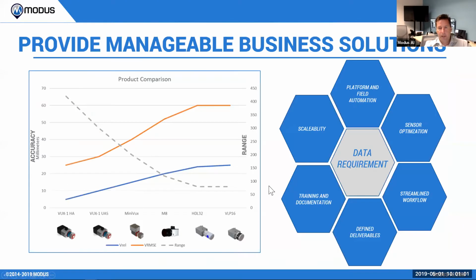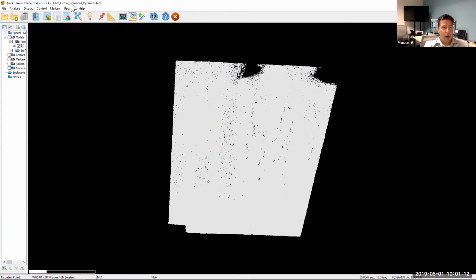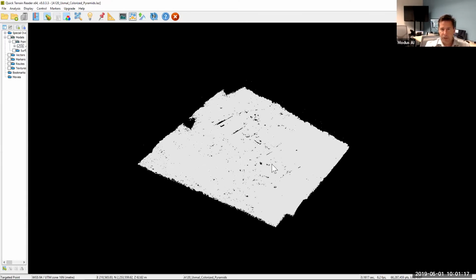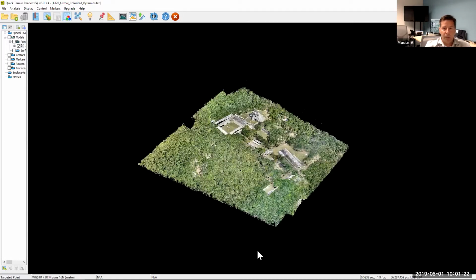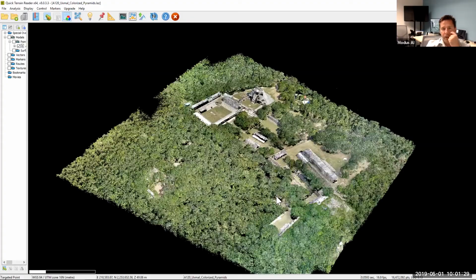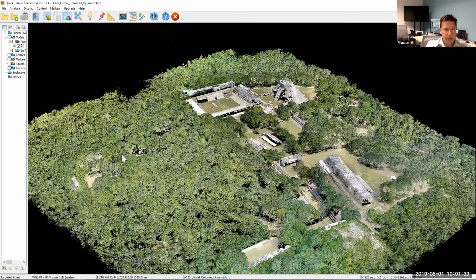I'll show you in the cloud what this actually means. So let me pull this over. All right, in intensity view, you see the structure here, but with all this vegetation and the amount of density, you're not going to get a lot out of it. Now that we put on color, out here, yeah, it looks great. Where you're going to see the value is that with photogrammetry, you're just going to get the tops of this.